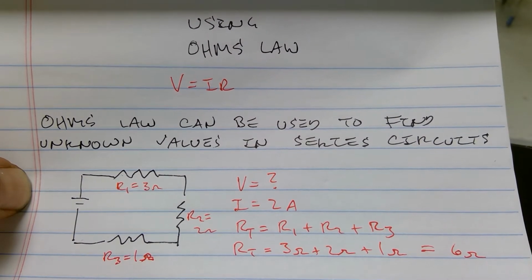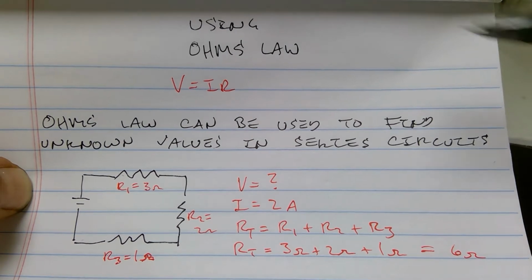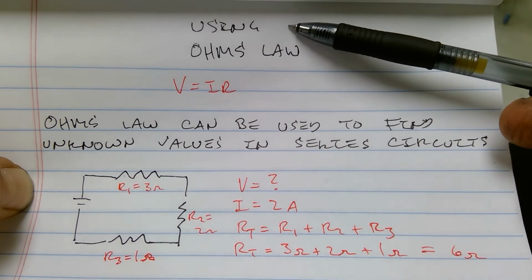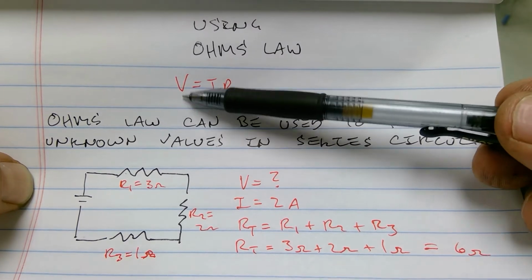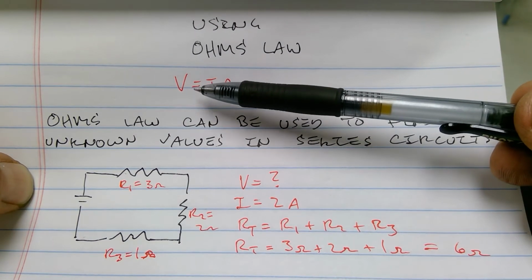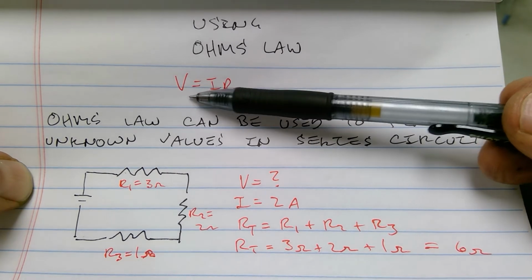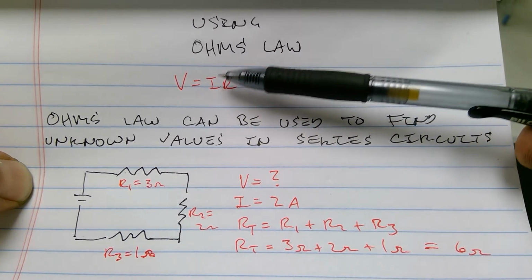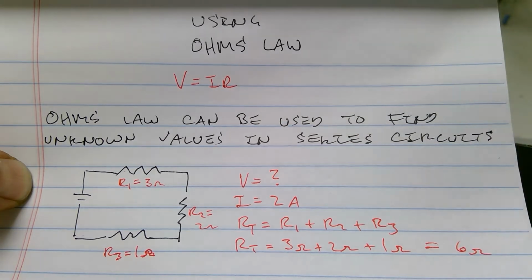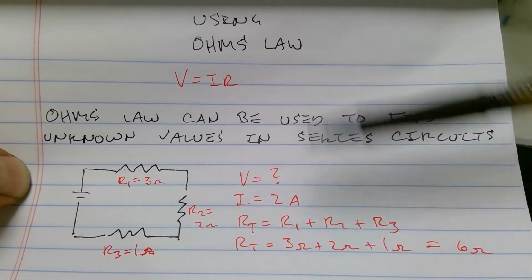Okay, so we have talked about Ohm's law in the past, and now we're going to be using Ohm's law. Ohm's law says voltage is equal to current times resistance. And it's a very simple mathematical equation that we can plug numbers into to find unknown values.